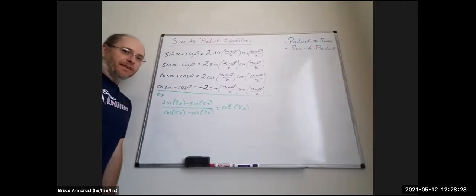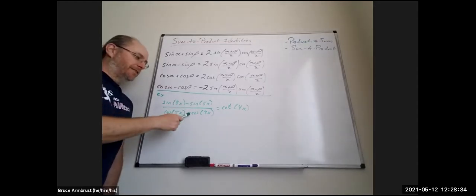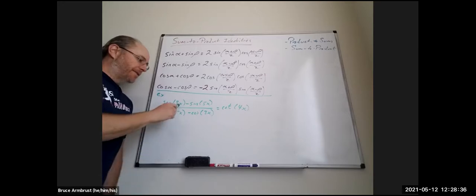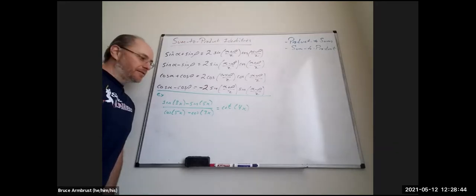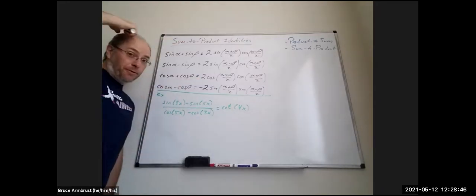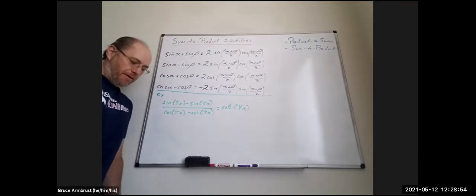So that probably looks suitably ugly. Not only do we have fractions, but every one of these trig functions has some sort of weird multiple angle in it. None of them are really nice, like double angles. I guess for cotangent of 4x, we can make that a double of 2x, but we don't really have anything nice to do there.